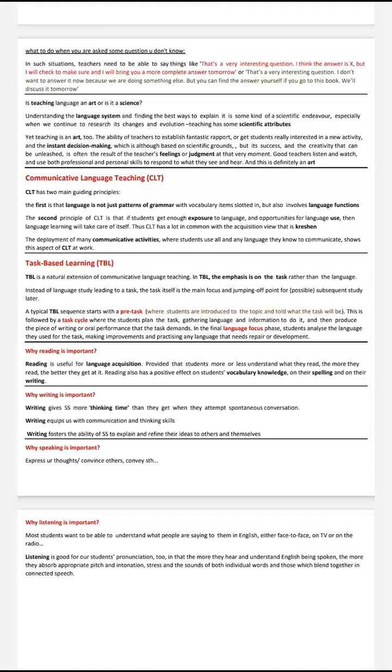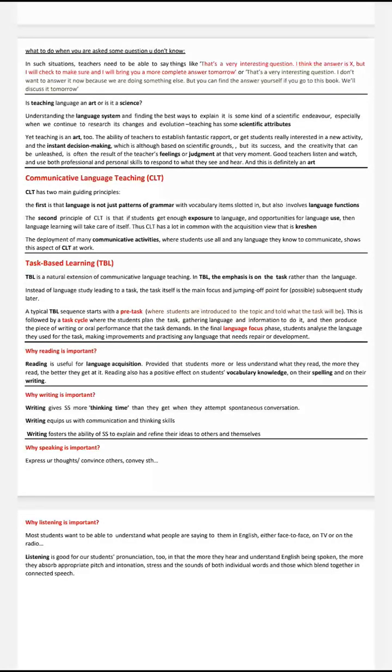Thus, communicative language teaching has a lot in common with acquisition. The use of many communicative activities where students use all and any language they know to communicate shows this aspect of communicative language teaching at work.